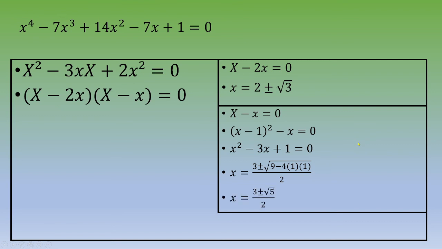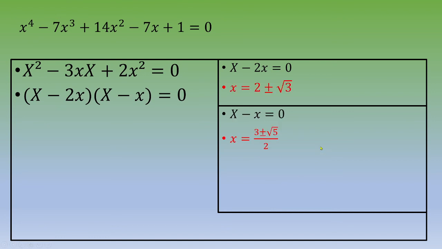When you do the math, this is x equals to 3 plus or minus square root of 5 over 2. So in this case, you've got 4 roots, which are 4 real numbers. x equals to 2 plus or minus square root of 3, and x equals to 3 plus or minus square root of 5 divided by 2.